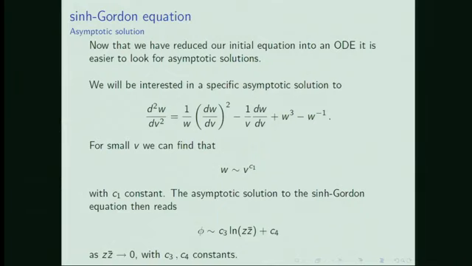If we study the ODE, the Painlevé III, we can find a specific asymptotic solution which takes this form. By using this, we can find an asymptotic solution to the sinh-Gordon equation, and this takes this form: phi goes as log z z bar. I forgot to say that it's when z and z bar are small.